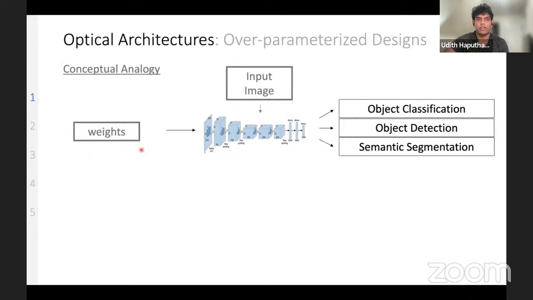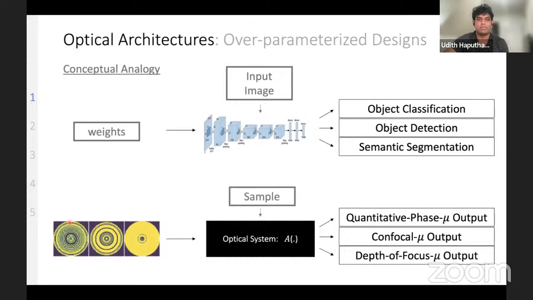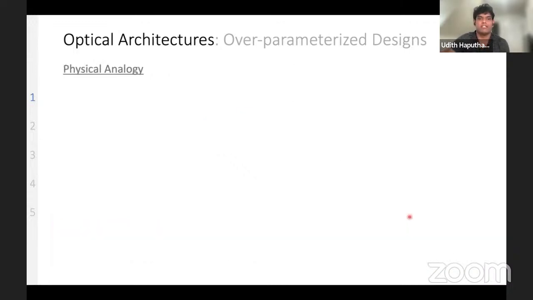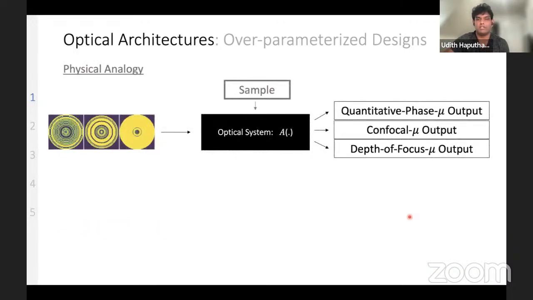For particular weights, we can represent object detection or object classification or semantic segmentation, but using the same model, or at least the same backbone of the model. So there are parallels to that. As an example, we can have different filters with the same sample distribution to mimic different microscopes basically.